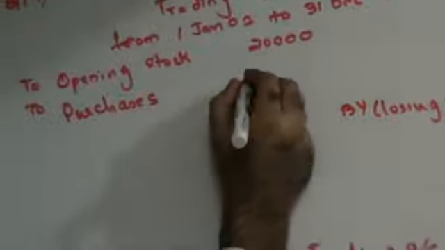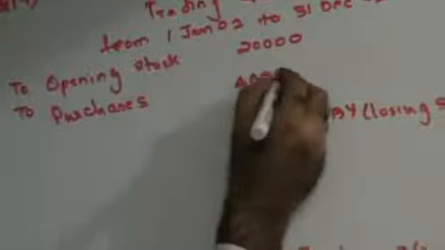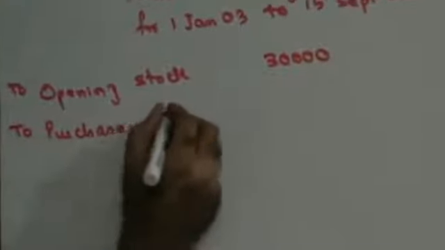Right, let's move on ahead. Purchases for 2002, 31st December 2002. Purchases are given to you as 40,000. Right? Then purchases for the current year is given to you as 88,000.